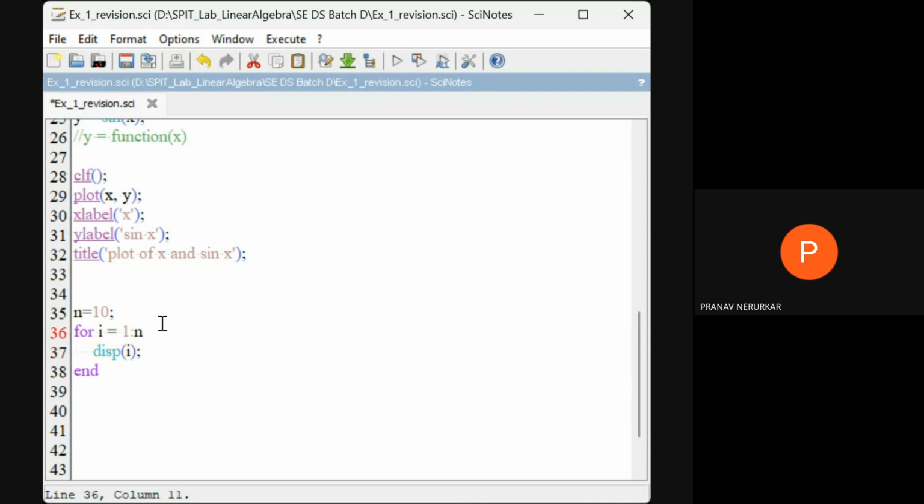So this goes from 1 to n. The default step size is 1. So it increments by 1 and n is included. I equal to 1 is also included, n is also included.